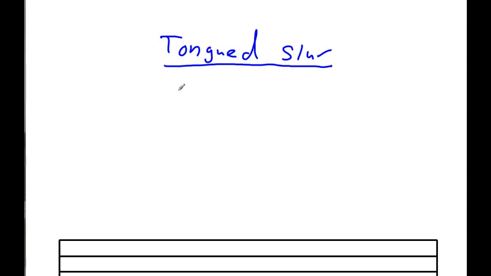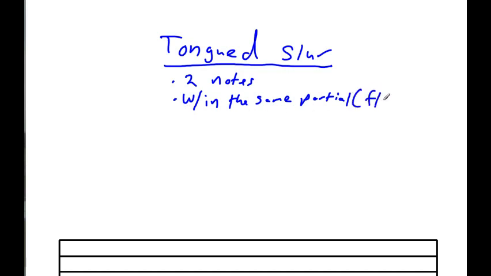So, a tongue slur is going to be, again, two different notes within the same partial, or floor, if we think of them still as floors.